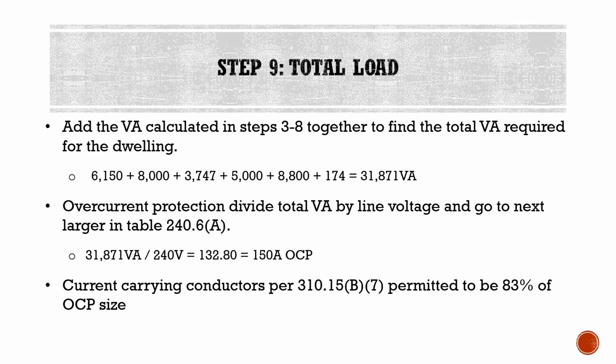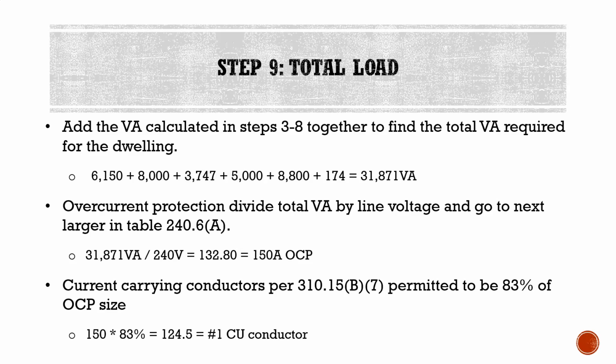However, for dwelling services, we have a special note back in 310.15(B)(7), which tells us that we're only required to size those conductors to 83% of our overcurrent protective device. So instead of having to have conductors big enough for 150 amps, we only need them to be at 83% of that, which, as we can see here, 150 times 83% is equal to 124.5 amps.